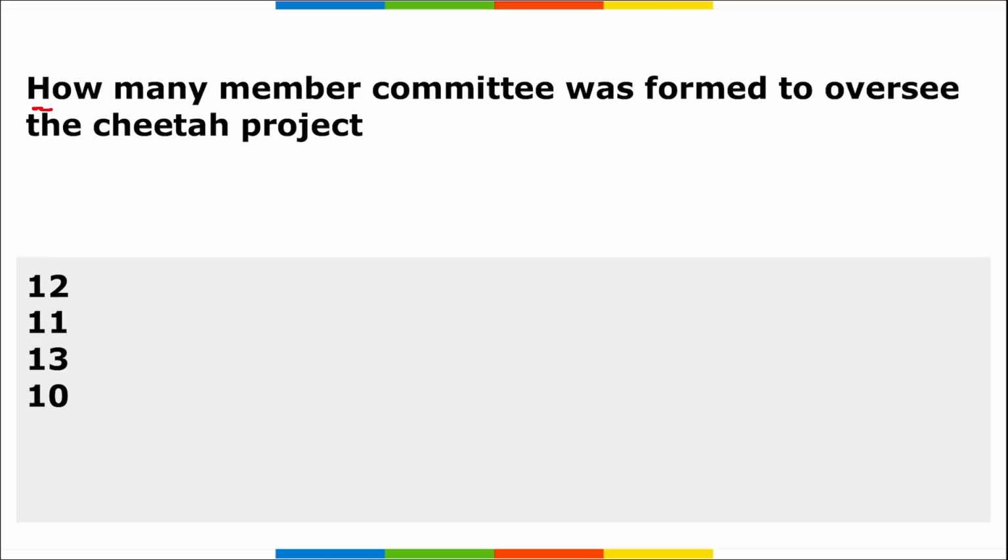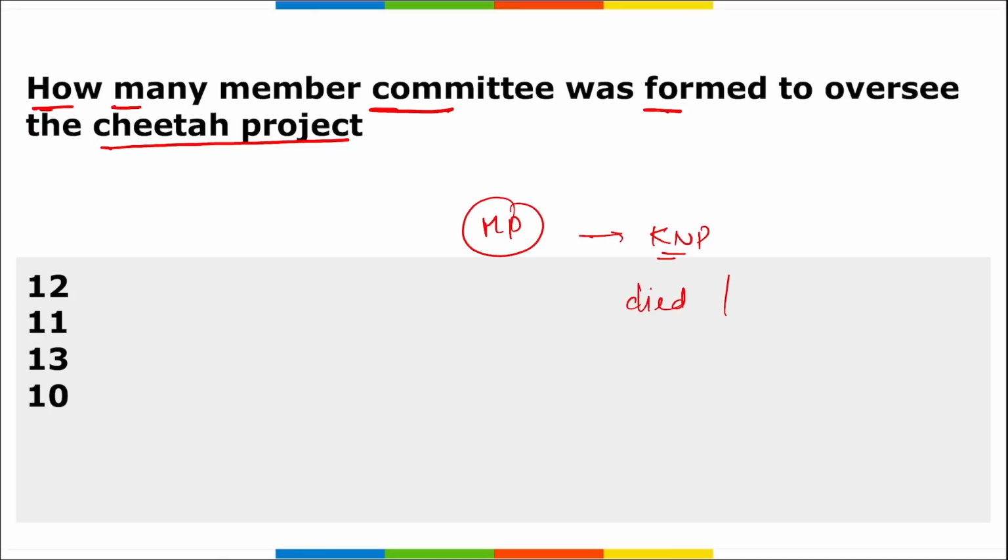Next question. How many member committee was formed to oversee the cheetah project? What is happening right now is that in Madhya Pradesh, where cheetahs were brought to the Kuno National Park, many cheetahs have died there. This can be due to severe heat, or the rise in temperature.